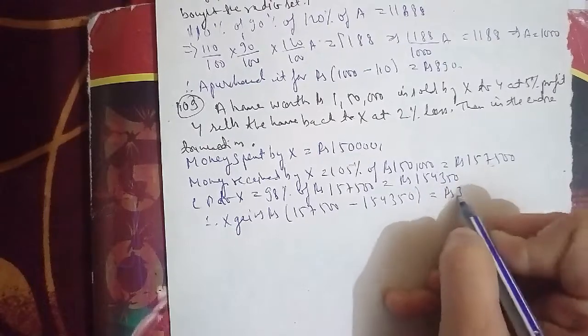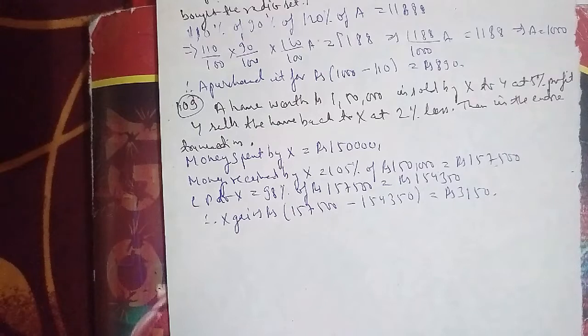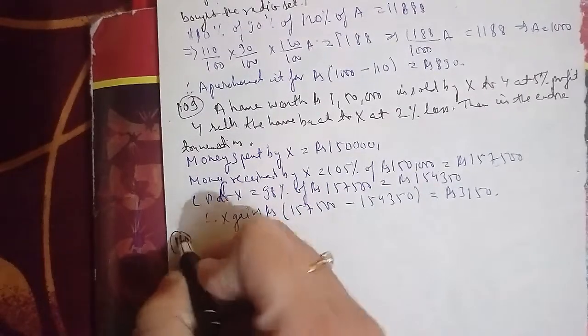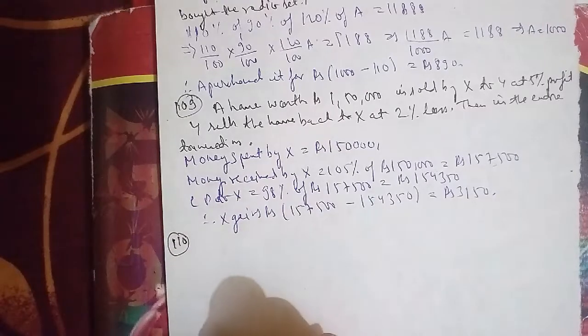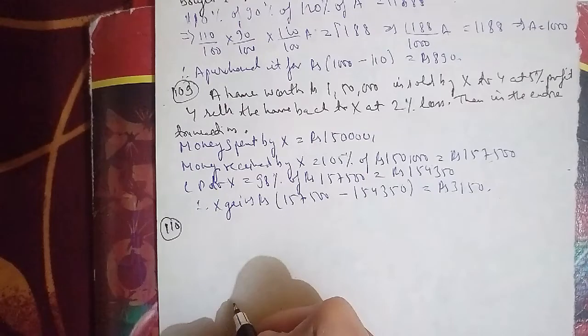This is the 110th question of the session, which is an important one. The question is: a manufacturer sells a pair of glasses to a wholesale dealer at a profit of 18%. The wholesaler sells the same to a retailer at a profit of 20%.